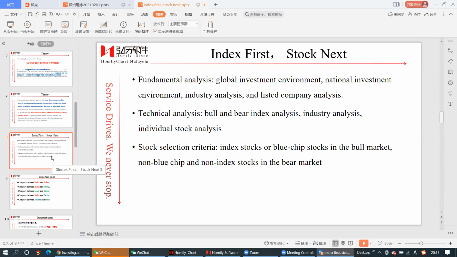So after we do all the fundamental analysis and know the market trend, we can zoom into technical analysis: bull and bear index analysis, industry analysis, and individual stock analysis. This one is based on technical analysis, but technical analysis and fundamental analysis actually help each other.